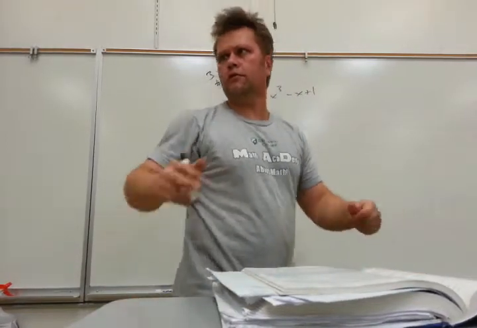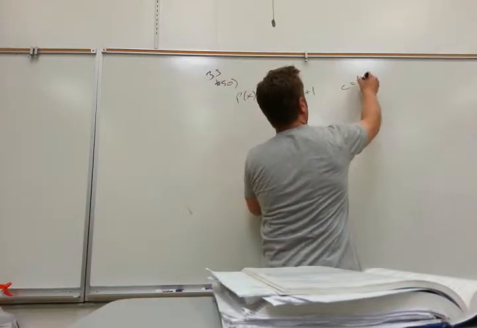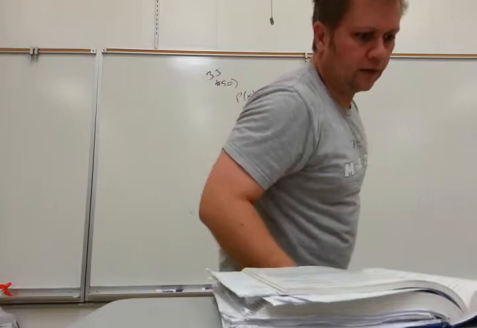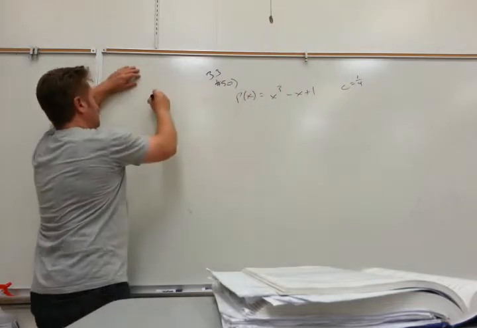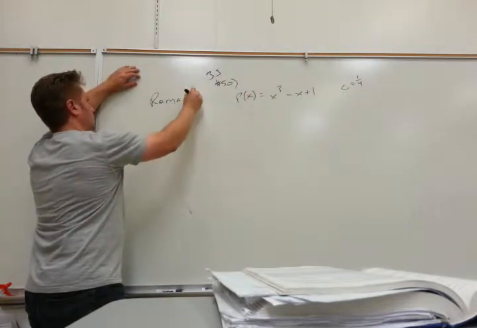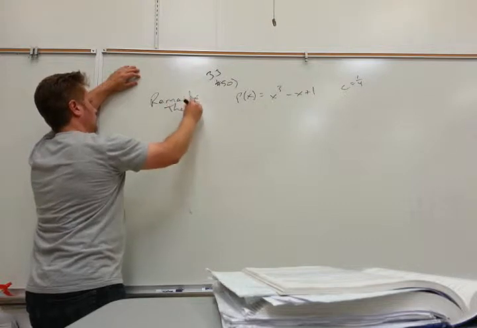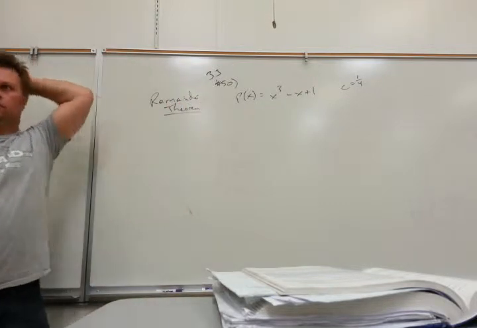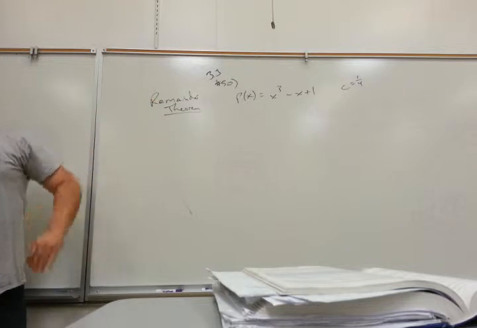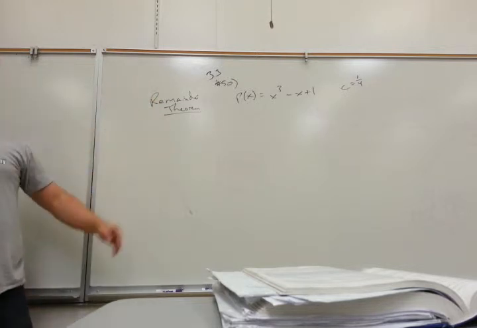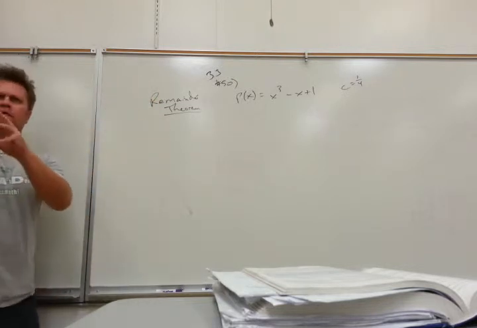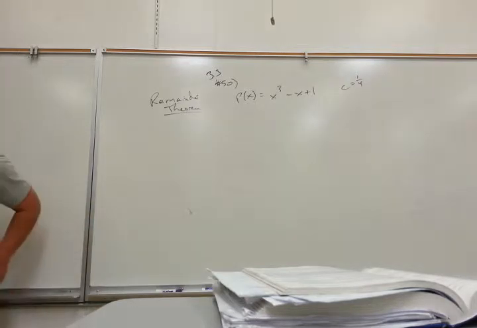This one says, use the remainder theorem to find the value of 1/4. So don't just plug 1/4 in, but use the remainder theorem. And the remainder theorem is something I went over very quickly at the end of one of these classes.